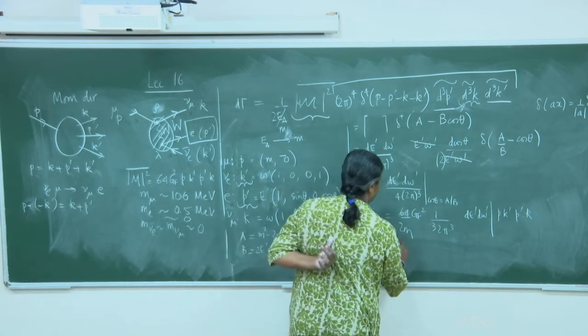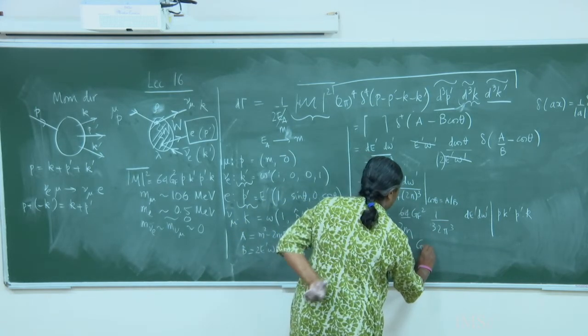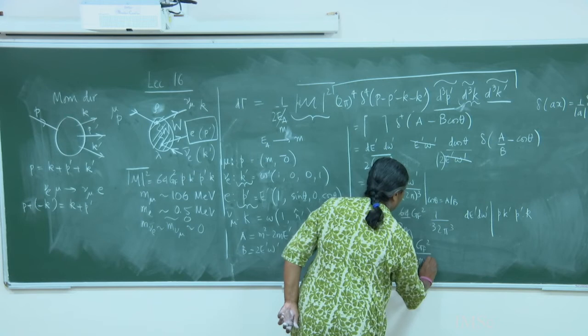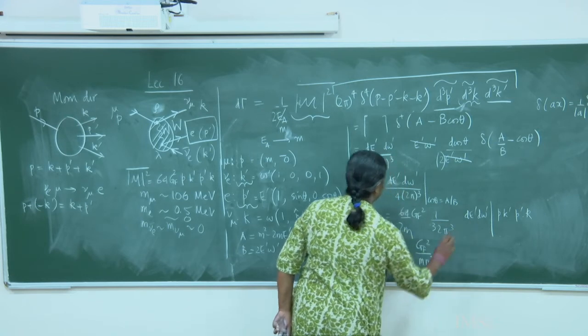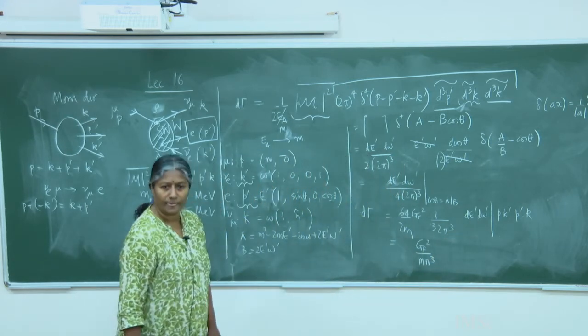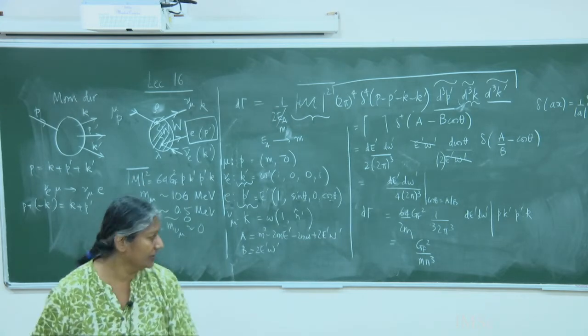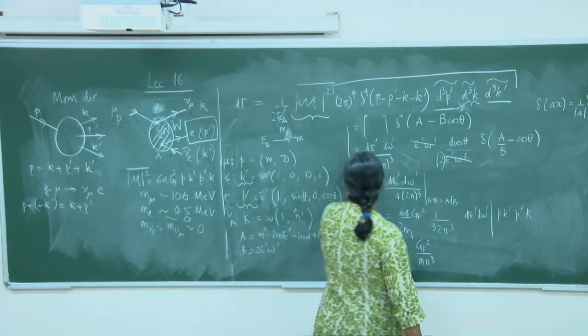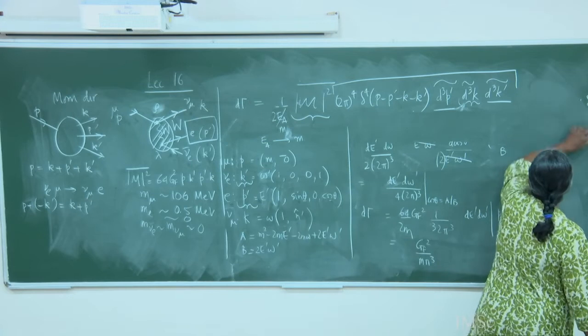So 32 into 2 is 64, so that is simply gf squared by m pi cubed into this integration. Okay, so far, with that cos theta being what it is. So now let me write that here.